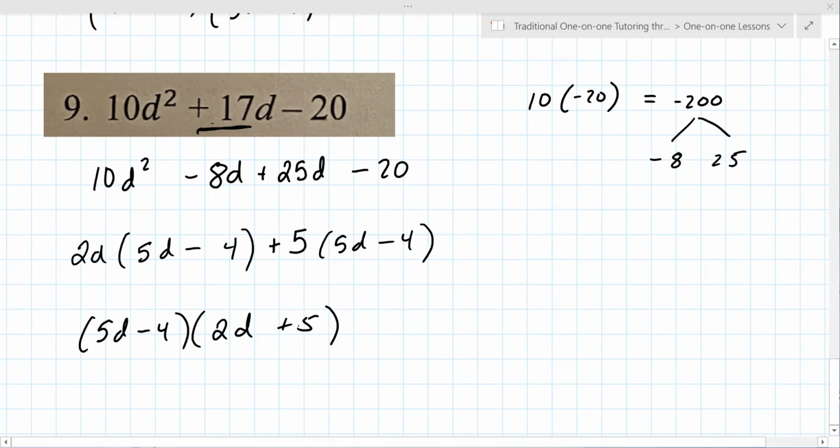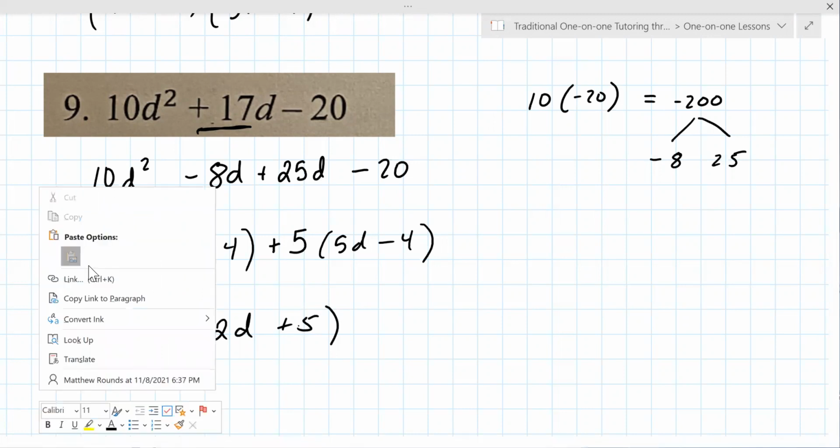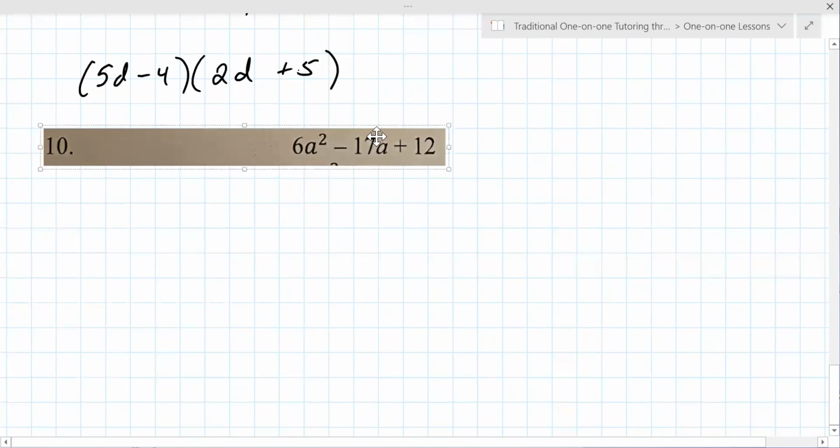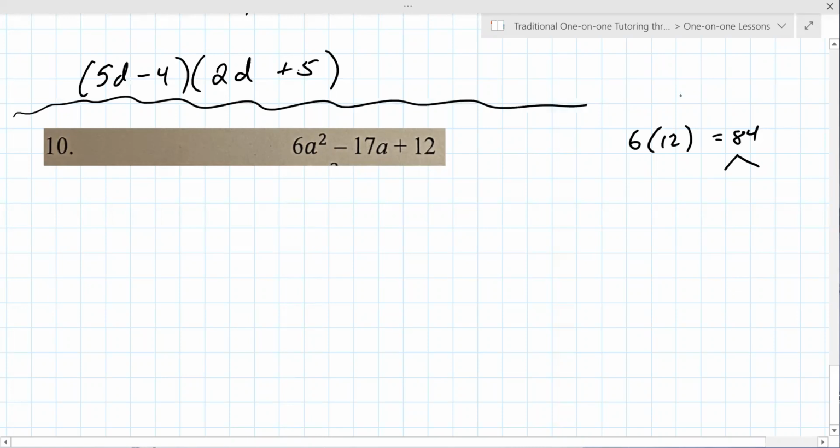All right, let's do another one here. Let's do 10. So we're looking at 6 times 12. That's 84. So all the factors of 84. Now they've got to add up to negative 17 this time.